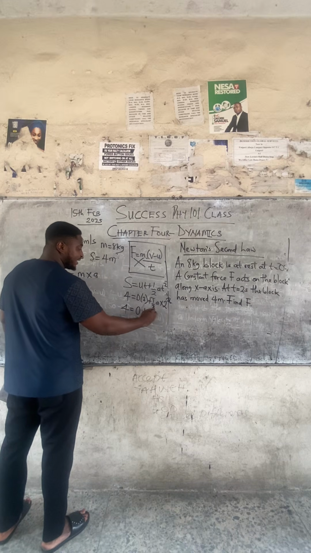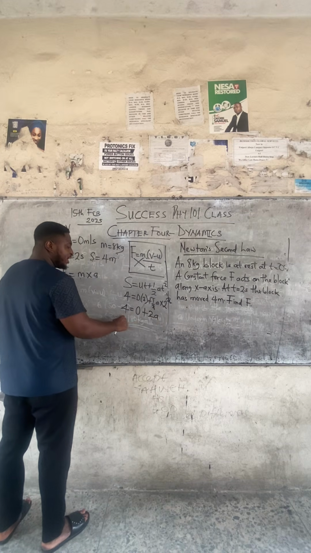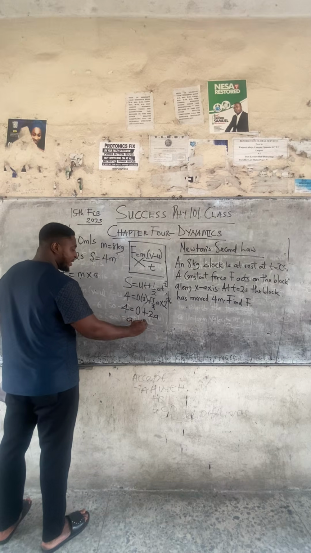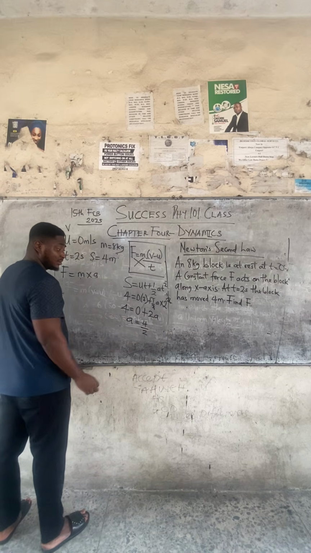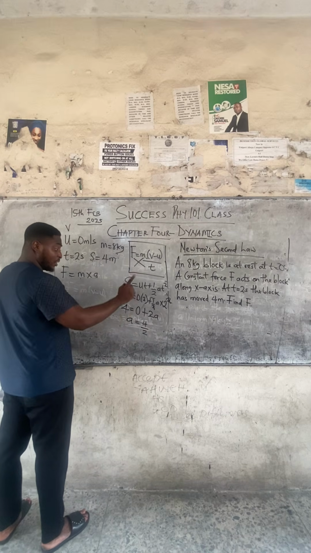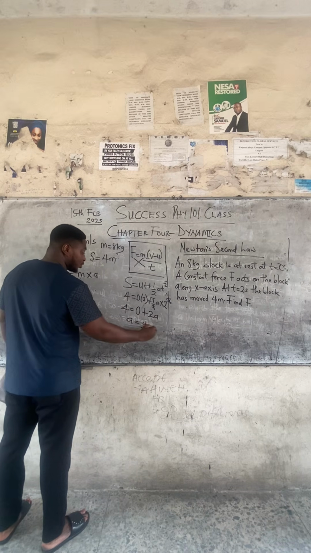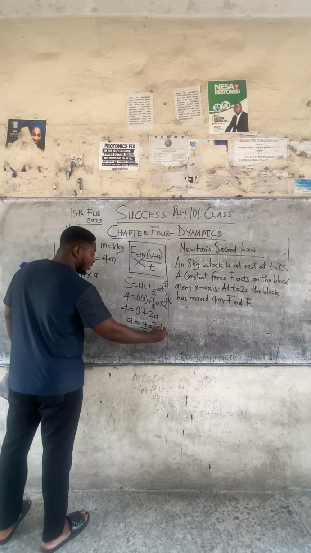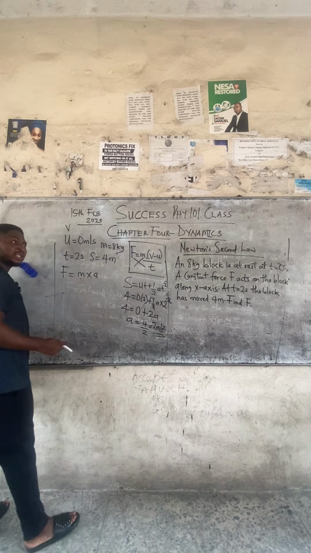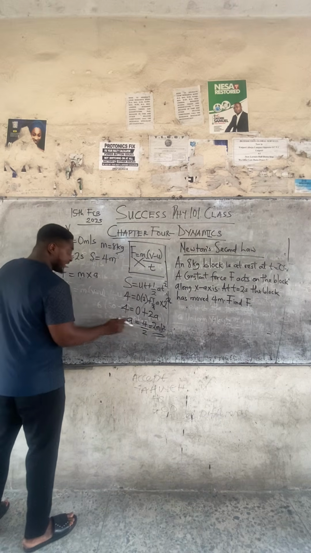So 2 times a, 2a. So 2a equals 4. Make a the subject of the formula, divide both sides by 2, so that a is 4 divided by 2, which is 2 meters per second squared. Class, this question required us to use the equation of motion to get a first.